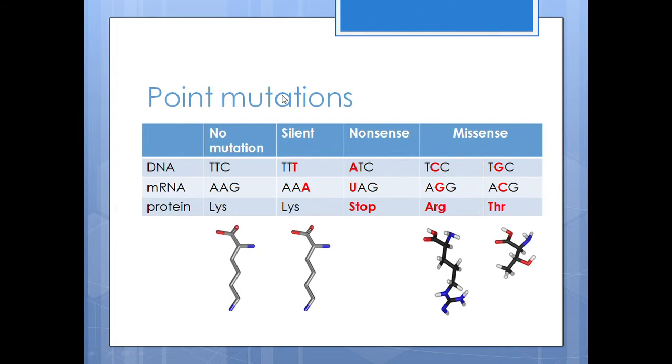There are also other cases. You can see the example here. Let's say that the first base in this sequence of DNA is mutated into A. It results in UAG codon, which encodes for stop. The protein will be finished much earlier than it should.